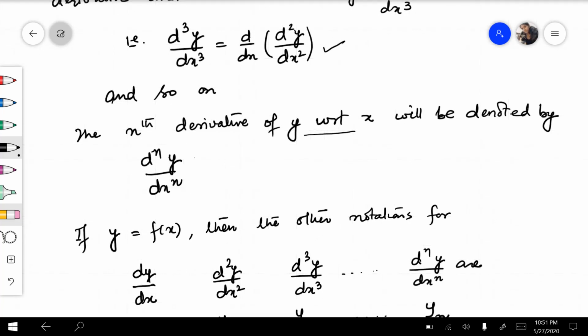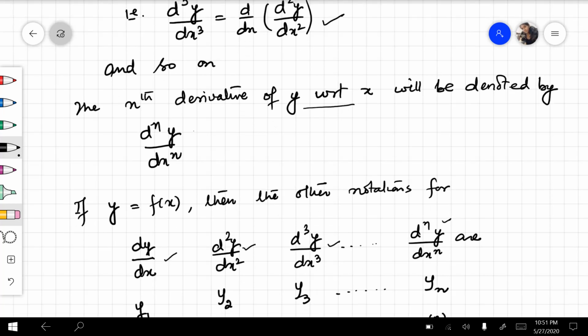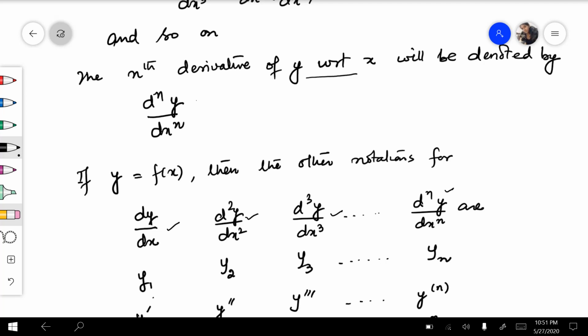Again, we have certain more notations for the first order, second order, third order derivative, and so on. If y is equal to f of x, then the other notations for dy by dx, d2y upon dx squared, d3y upon dx cube, and so on, dny upon dxn are y subscript 1, y subscript 2 for second order derivative, y subscript 3 for third order derivative, and so on, y subscript n for nth order derivative.